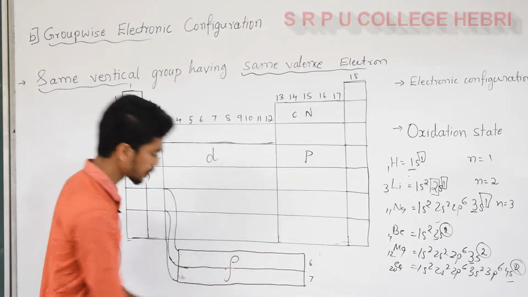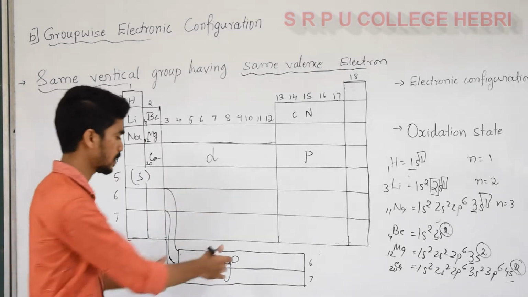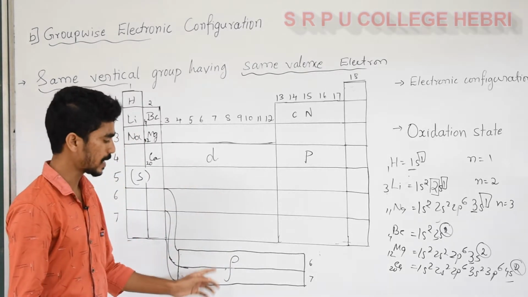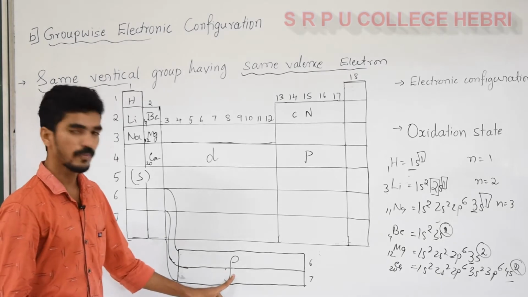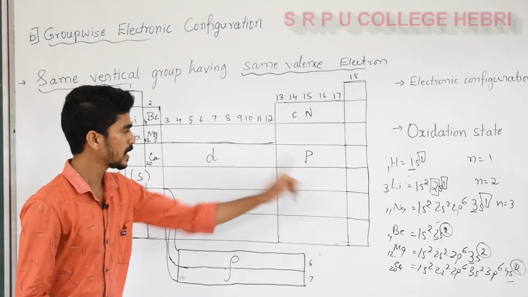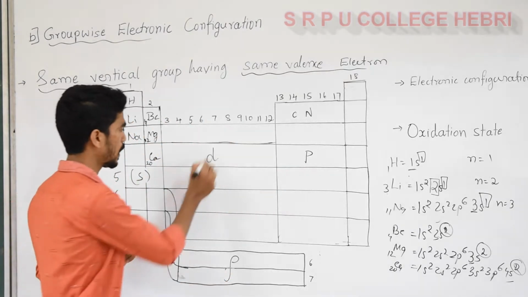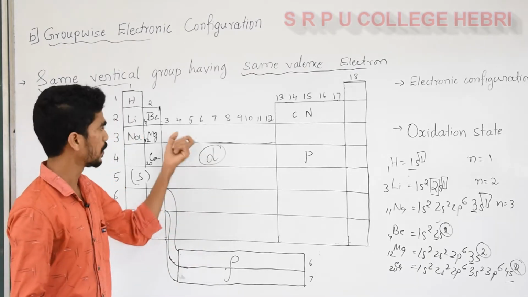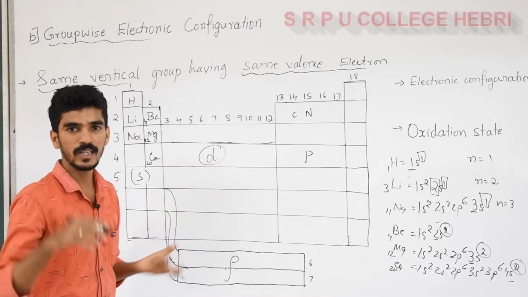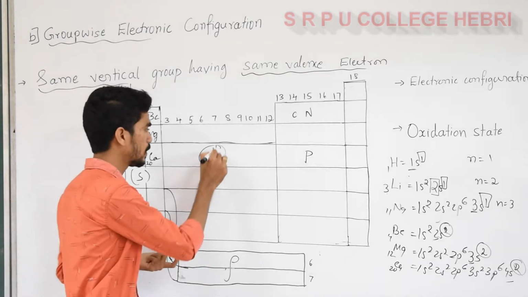Below the periodic table, the elements placed there are considered the F block elements. What's the meaning? SPDF: the outermost shell should end with the same orbital. For example, for d block elements, the last electron should end in d, from 1 to 10.